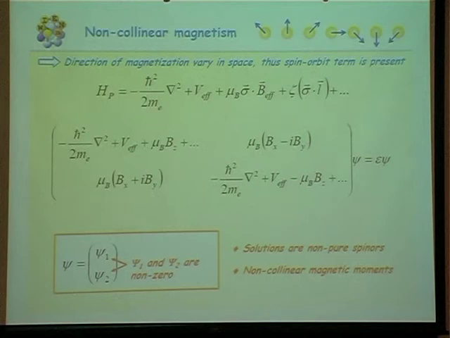This exchange field is a vector field. It's not just up and down, a scalar field, but it is now a vector field. And that could, of course, be different on every atom in our unit cell, pointing in different directions. So Bx, By, Bz means you could have different Bx, By, Bz on different atoms in our unit cell.